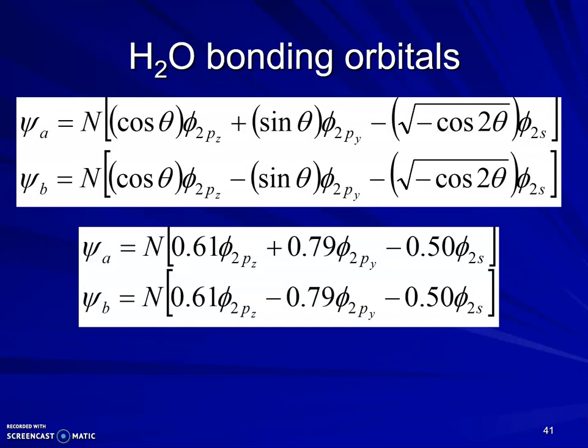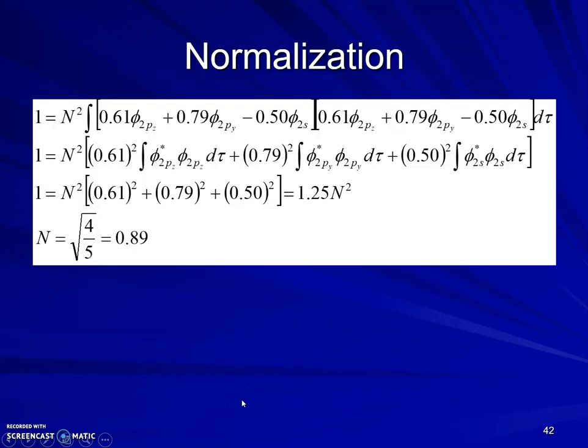All that's left for us to do at this point is to normalize the pair of orbitals. They'll both normalize in the same fashion, and I'll show you that on the next slide by taking orbital A and squaring it and setting the integral of the square of it equal to 1.